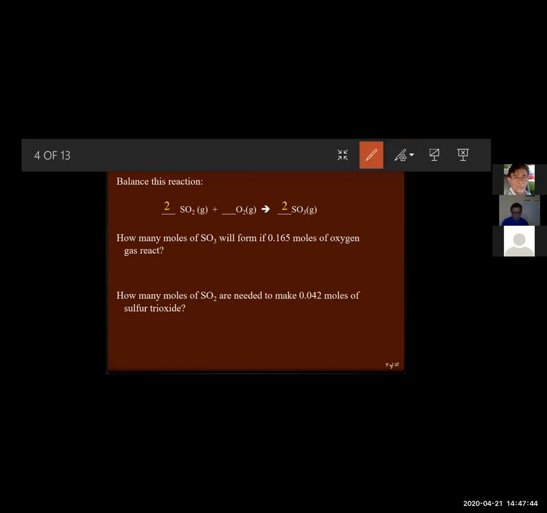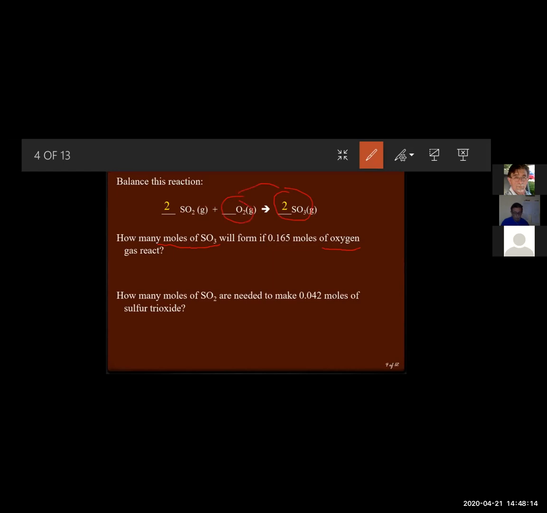They're asking us how many moles of sulfur trioxide will form if 0.165 moles of oxygen react. So what we're concerned about is simply the relationship between sulfur dioxide and oxygen.